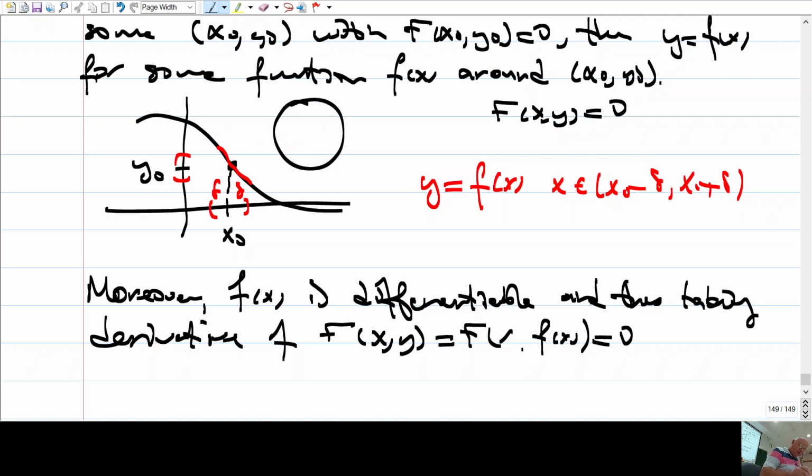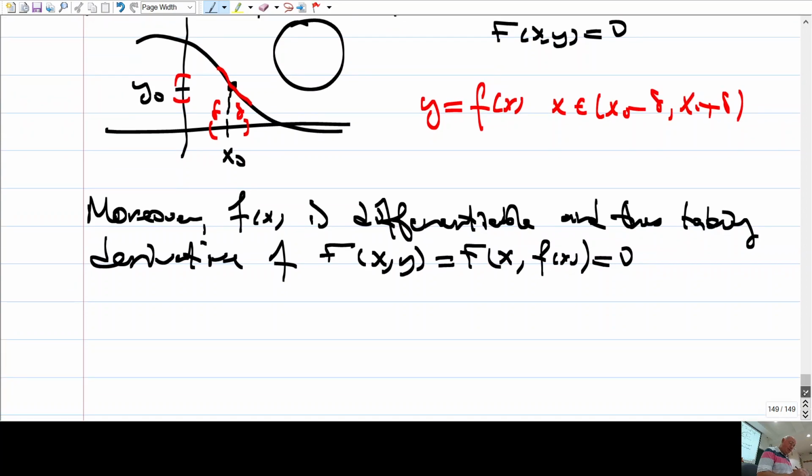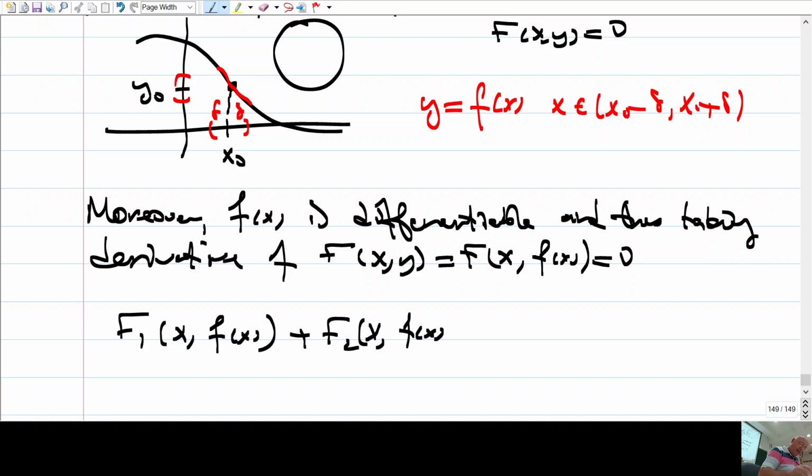Therefore, this whole thing is a function of x, right? This is a function of x, this is a function of x, and in this case we get the following. Taking derivative with respect to x, we get that f sub 1 of x, f of x plus f sub 2 of x, f of x, f prime of x equals 0.